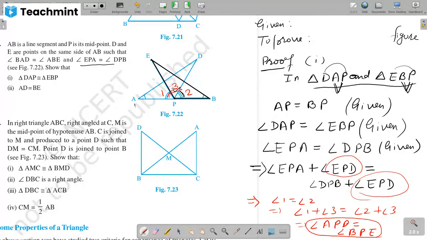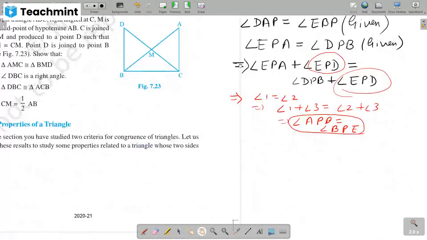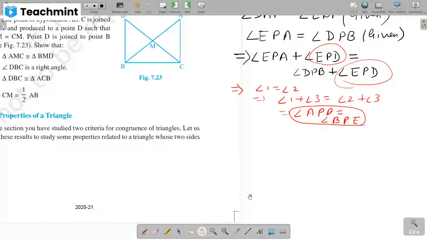So by which congruency rule can we say that the triangles are congruent? Angle side angle. Yes, angle side angle. So now we will write by angle side angle congruency rule, the two triangles, triangle DAP is congruent to triangle EBP.